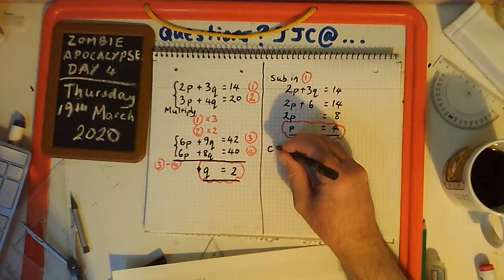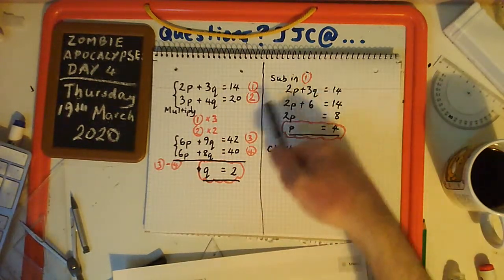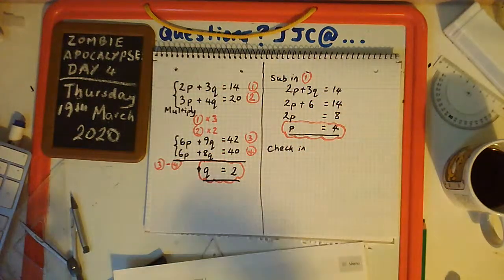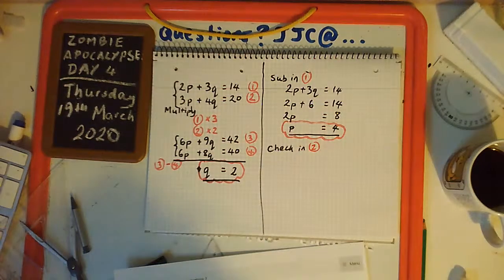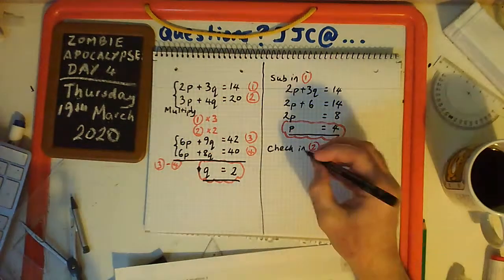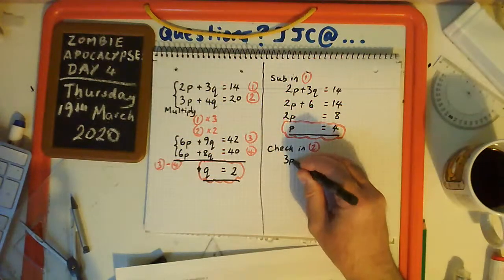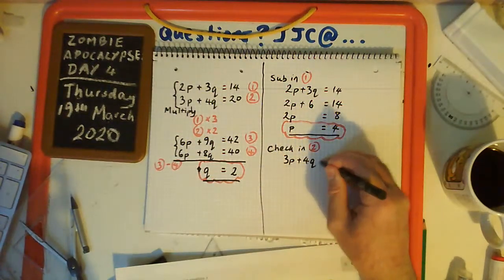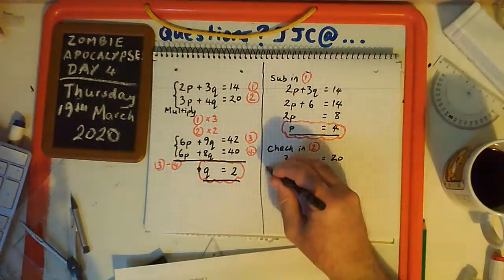And then the last good thing to do is to check it in not equation 1, but in equation 2. Because if you made a mistake with equation 1, you'll probably make the same mistake again. So equation 2 was 3p plus 4q equals 20.